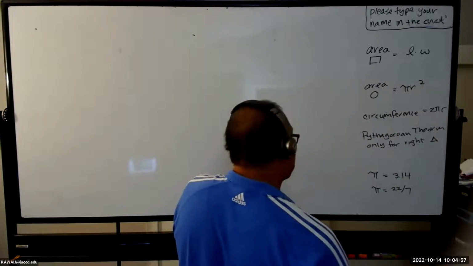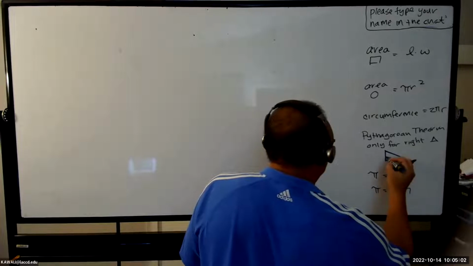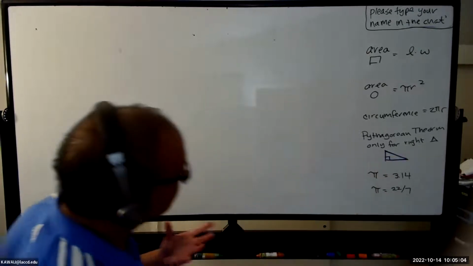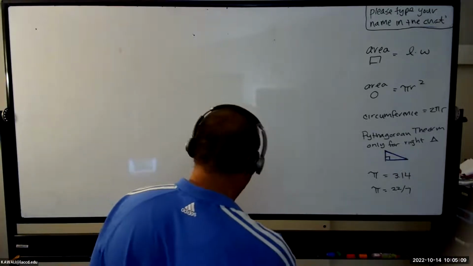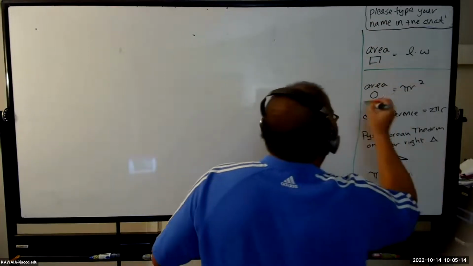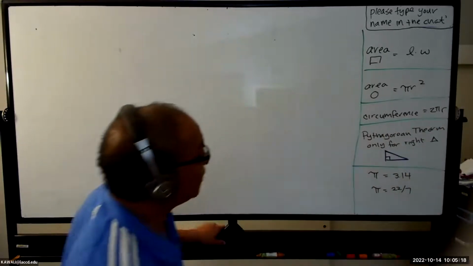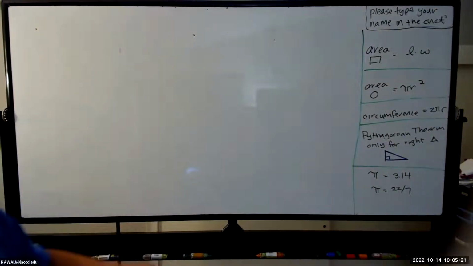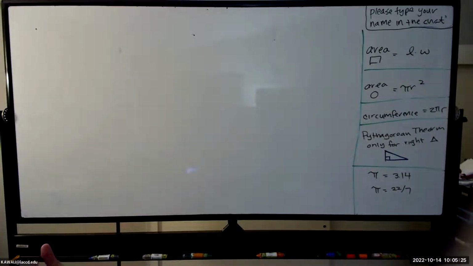So when we mean right triangles, we're talking about triangles where one side is a right angle, something that's 90 degrees, something that's a perfect L. So first, let's do the Pythagorean theorem, and then we'll find the area of triangles, and then we'll do sort of composites of these.